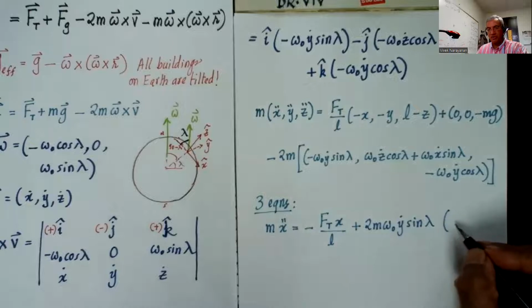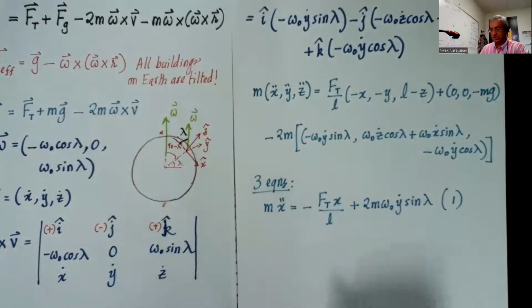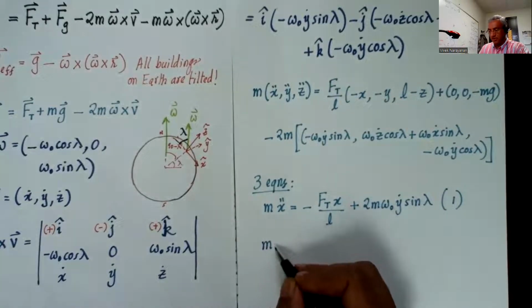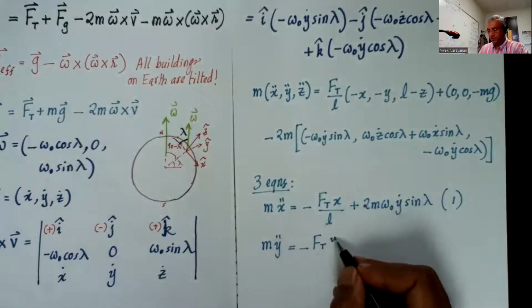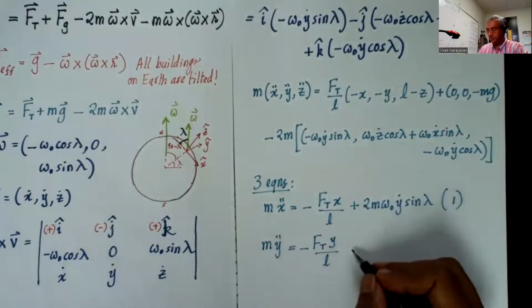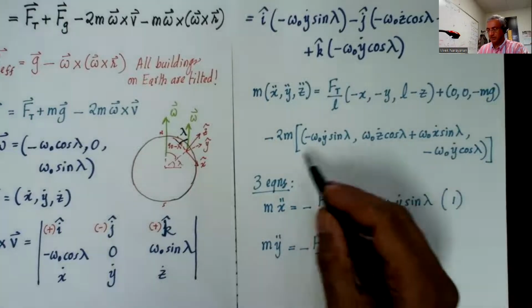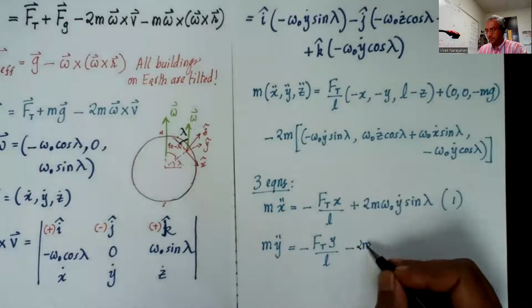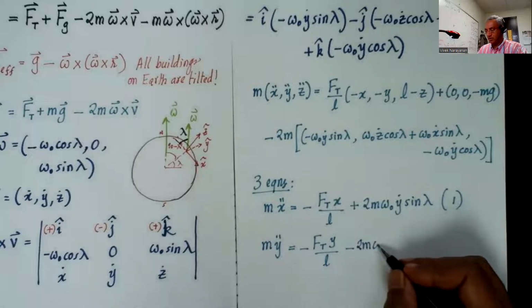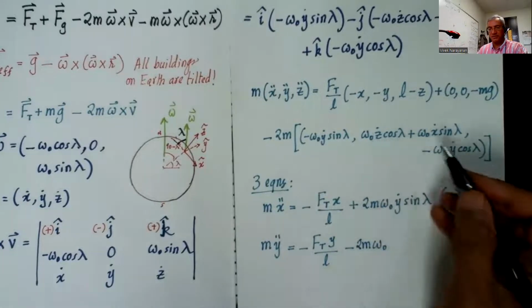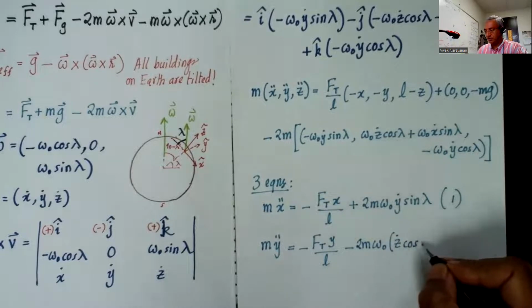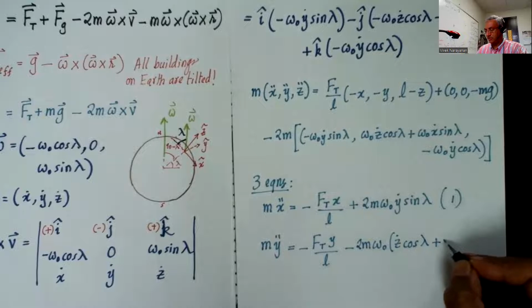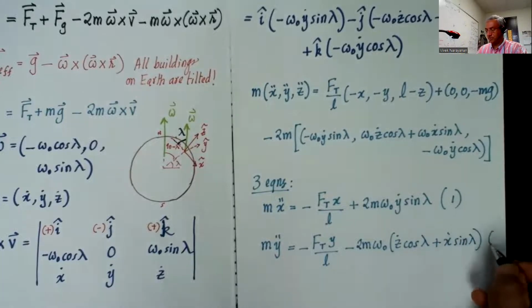Well, let me call this equation 1. Then I have the y equation. My double dot equals negative ft y over L minus 2m omega naught, which is common, so I'll take that out. And then I have z dot cosine lambda plus x dot sine lambda. That's equation 2.